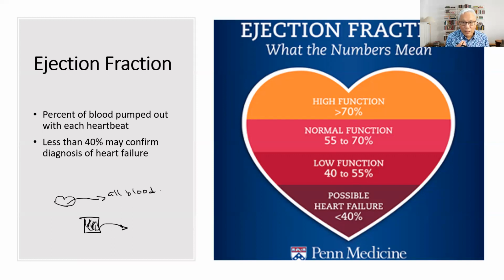So ejection fraction is a measurement, expressed as a percentage, of how much blood the left ventricle pumps out with each contraction. When we say that an ejection fraction is 60%, that means 60% of the total amount of blood in the left ventricle is pushed out with each heartbeat.